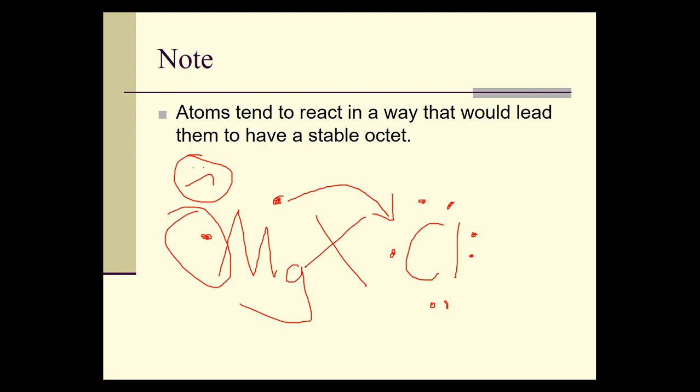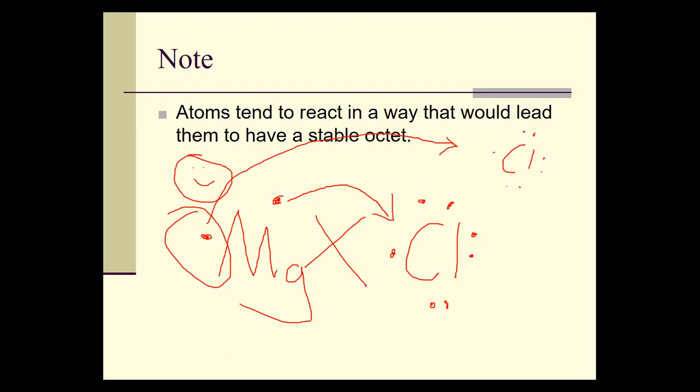Now, if there were 2 chlorines, well, that would give the other electron somewhere to go, wouldn't it? And that can happen if there's 2 and then 1 electron gets transferred to 1 chlorine and the other electron gets transferred to the other chlorine. Well, then all of a sudden, magnesium might react this way, again, because it's reacting in a way that makes it more stable.